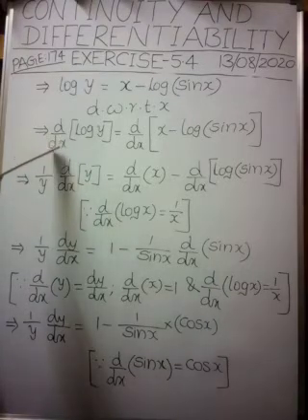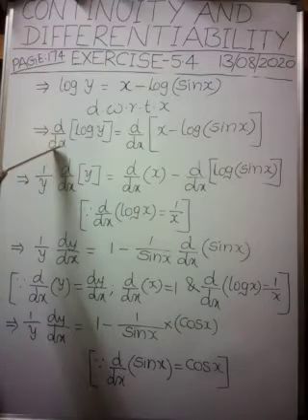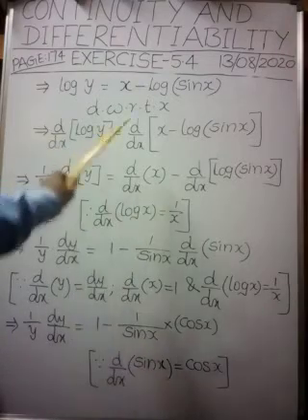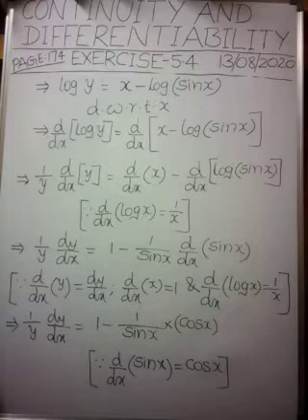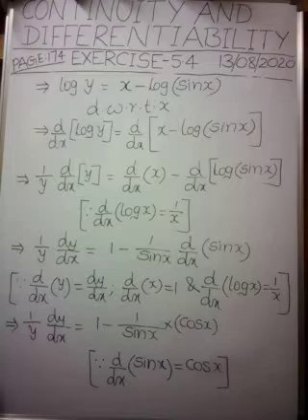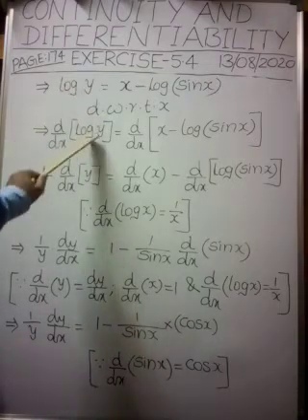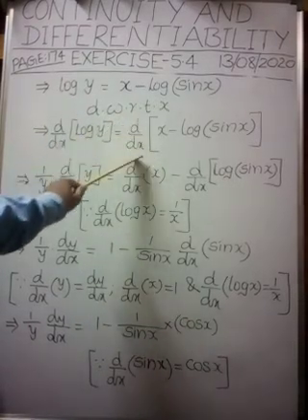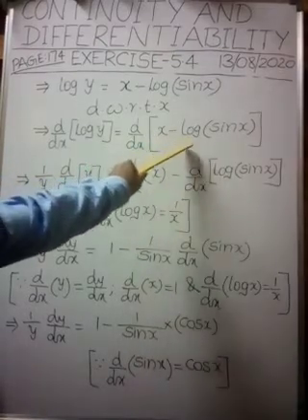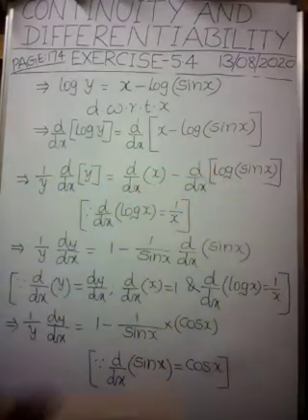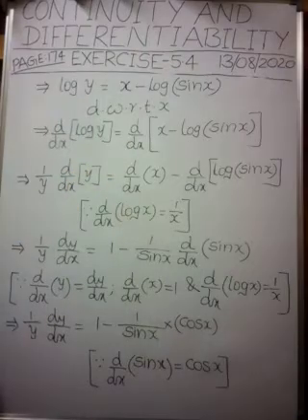Now, by taking the differentiations, means we are using the differential operator on both sides. What is the differential operator here? d by dx, right? So d by dx of log y is equal to d by dx of x minus log of sin x. Understood this step, my dear children?